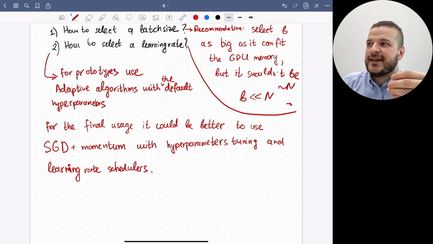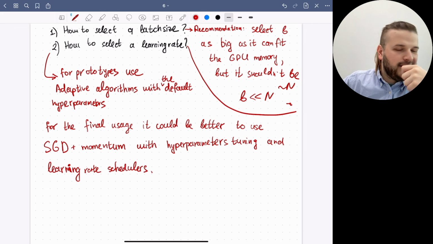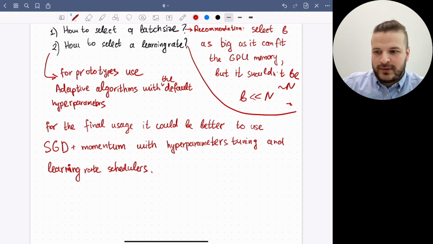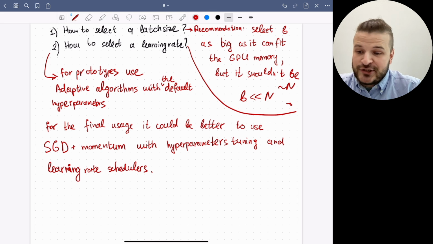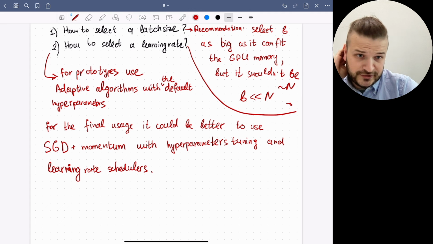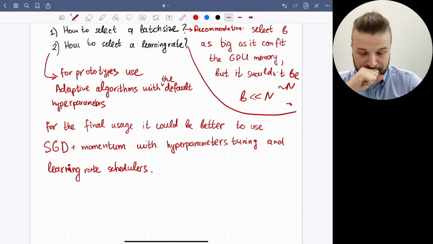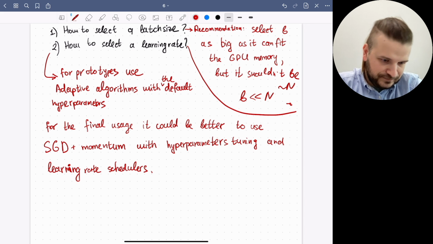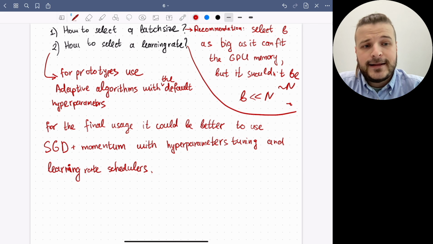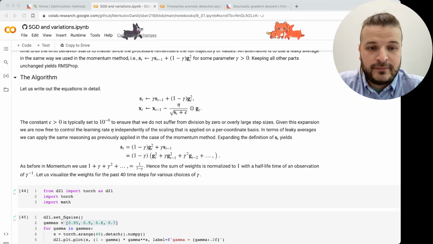But if you need some production model training or finding the best parameters for your model, it's probably better to use SGD with momentum, because very often state-of-the-art results were obtained using this algorithm and a proper hyperparameter tuning procedure. So you have to spend a lot of time here trying to figure out which specific parameters are the best.